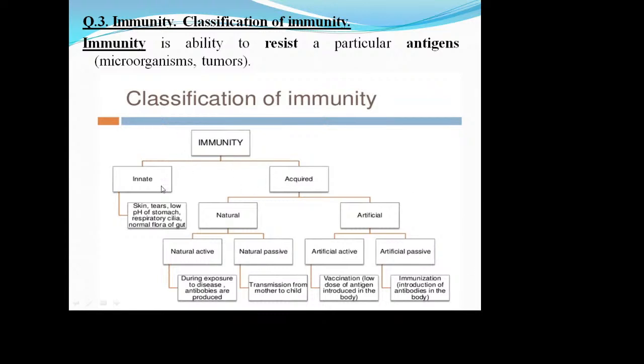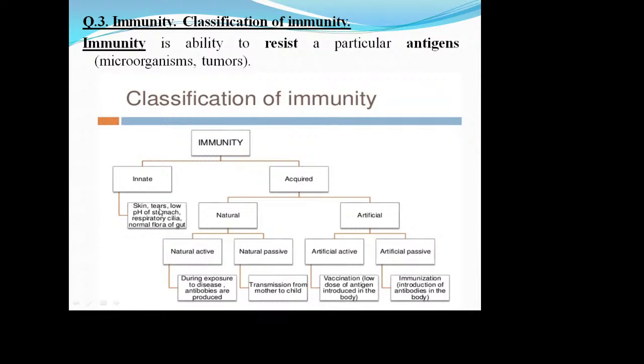Innate immunity is present in every person, in every patient, in every child, from birth. These are mostly mechanical barriers, like skin, for example.